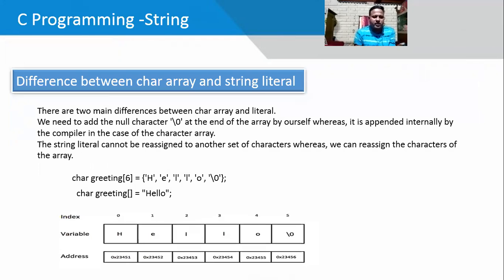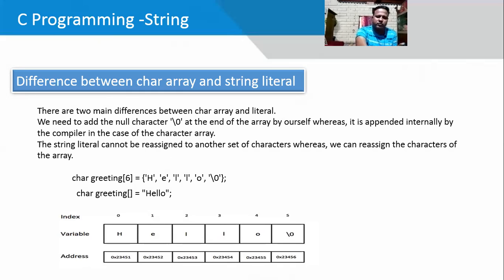So what is the difference between the character array and string literal? There are two main differences: in a character array, you need to add the null character at the end of the array by yourselves. Suppose you want to print hello, then you add a null value here.